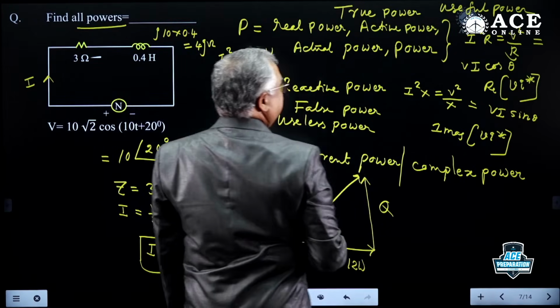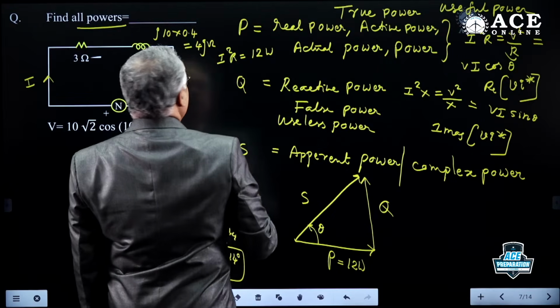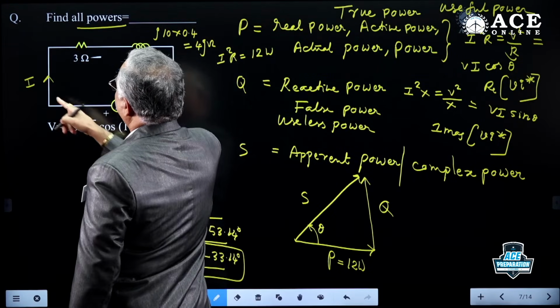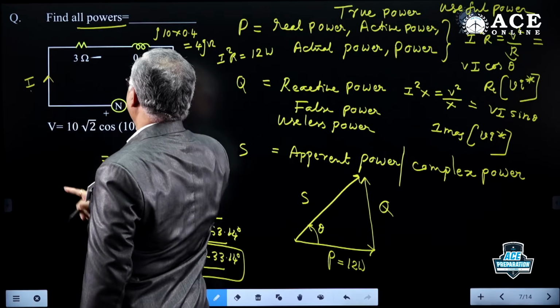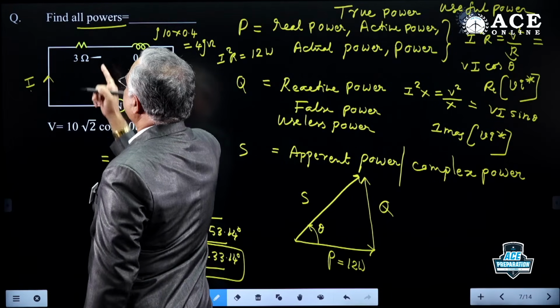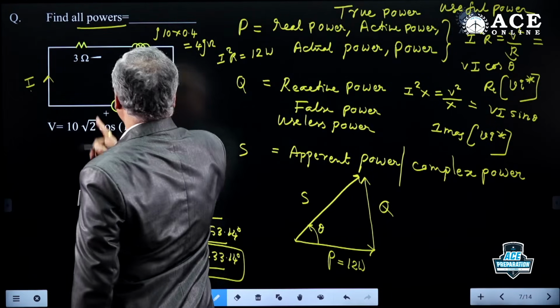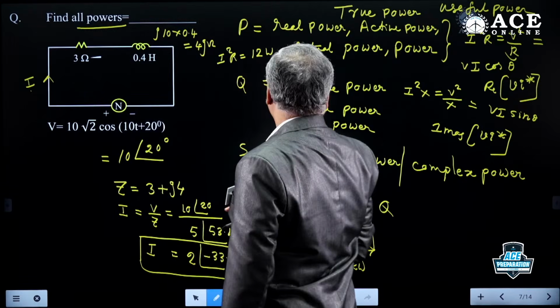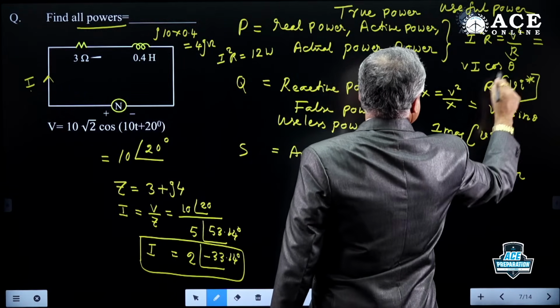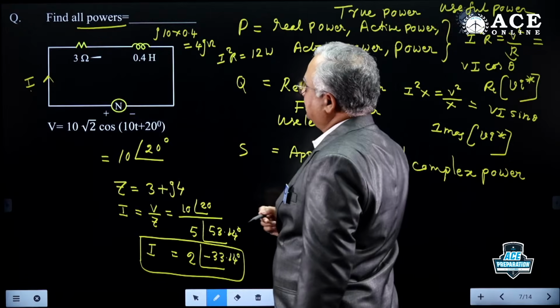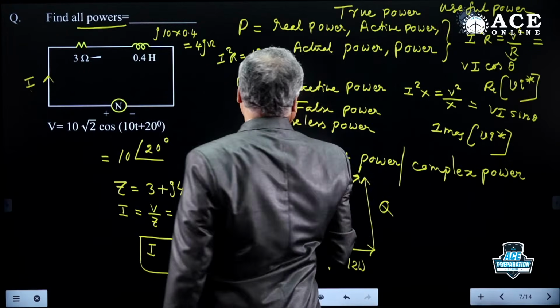So that is important. If you find voltage across 3 ohms, current is known, current into resistance you multiply, you will get voltage across the resistor. Then V square by 3 will give the same answer of 12 watts. Like that VI cos theta, all other methods you can try, you will get same answer.